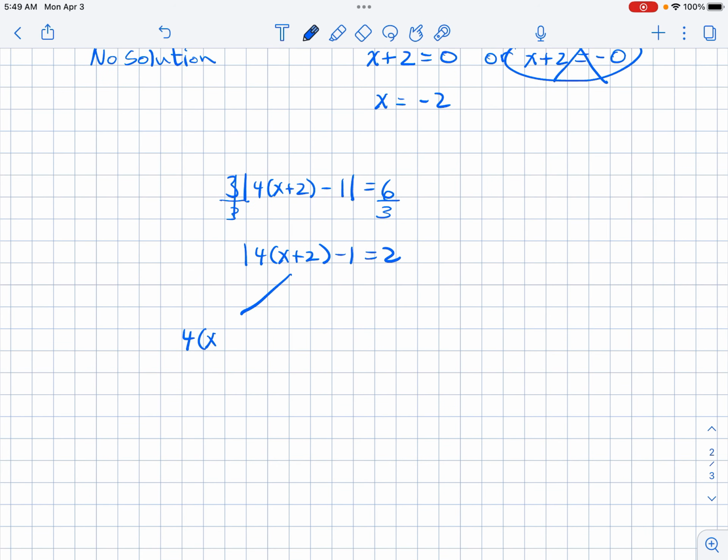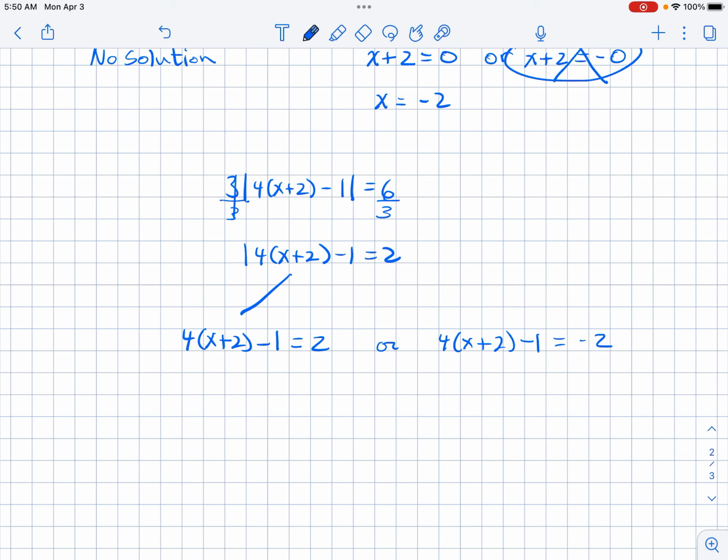4(x + 2) - 1 equals 2, or 4(x + 2) - 1 equals negative 2. And then I solve those two rascals right there.